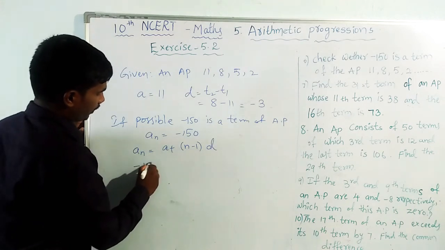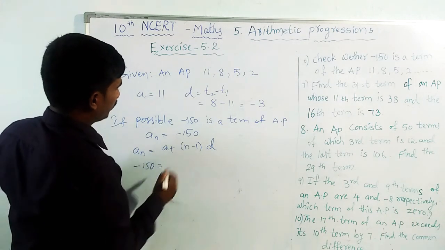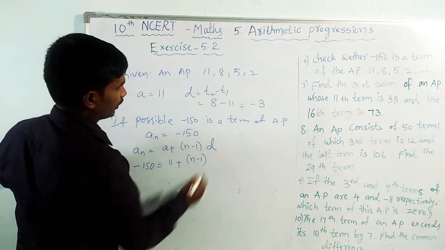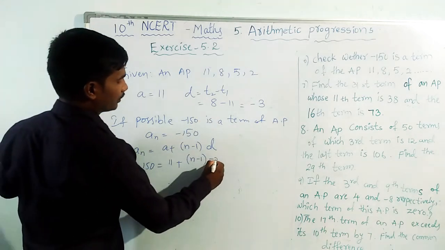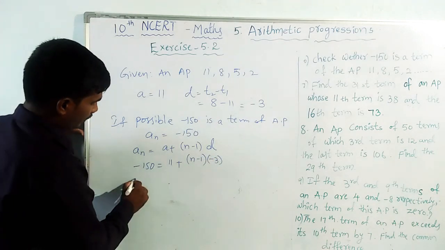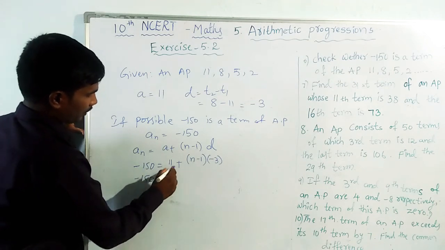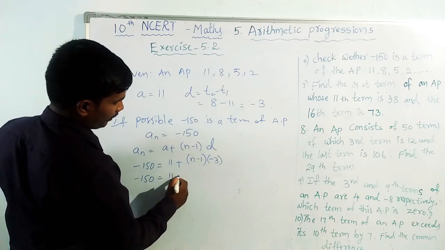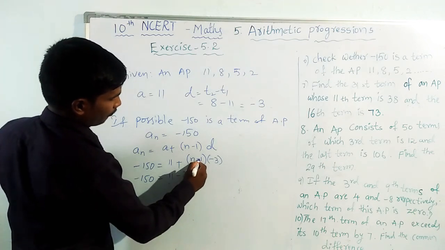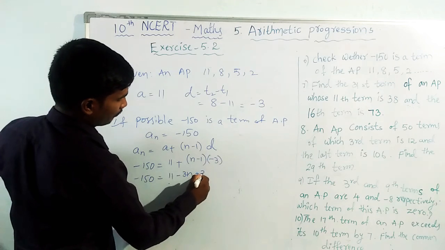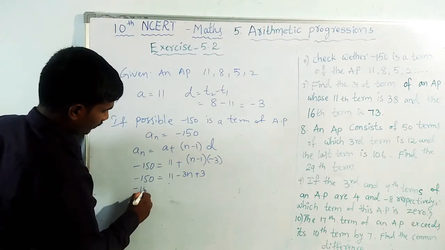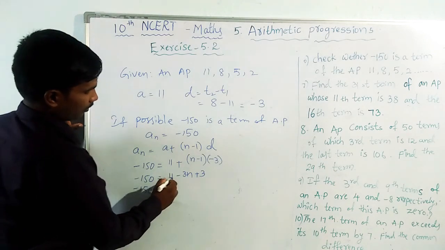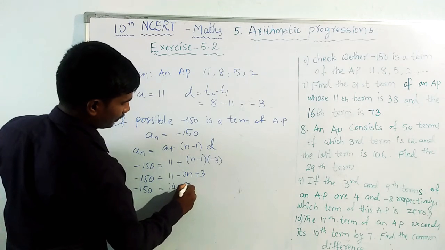So minus 150 is equal to 11 plus (n minus 1) into minus 3. Multiplying: minus 150 is equal to 11 minus 3n plus 3, which is 14 minus 3n.